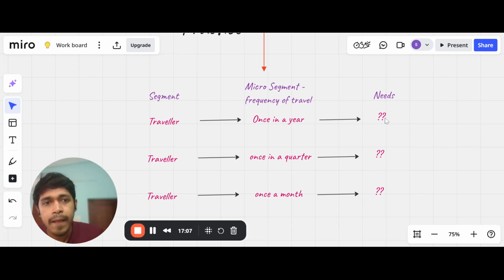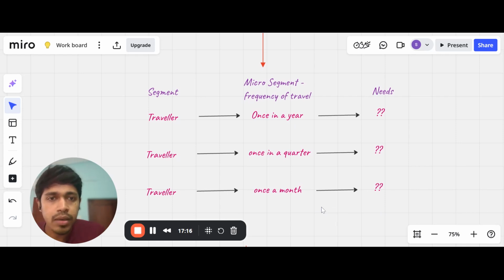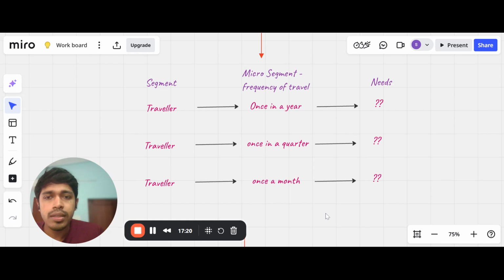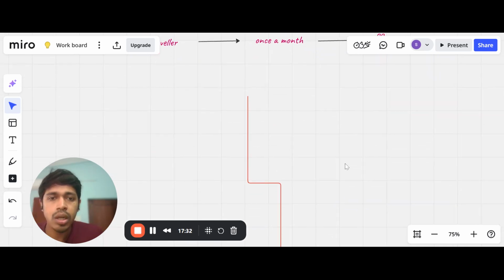So you can comment what are the needs of each traveler, or you can take this as homework, just a practice. I hope you took a screenshot, or you will pause here and think about this for a bit. And I am moving on.